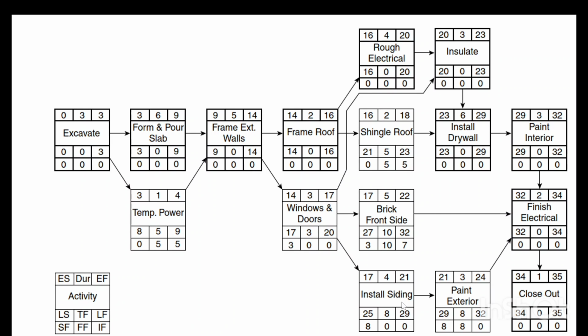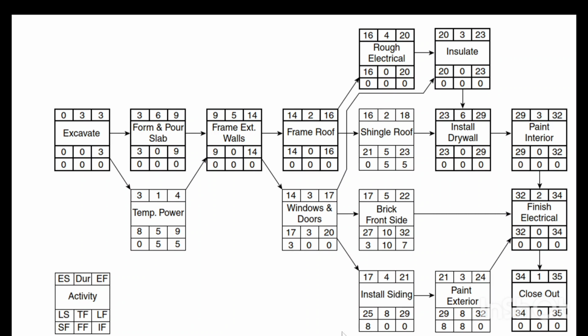This is something you have to be aware of. As I told you earlier, just imagine if you replace these two activities by one activity having 7 days of duration. 4 plus 3, which is the duration. So this is the shared float.